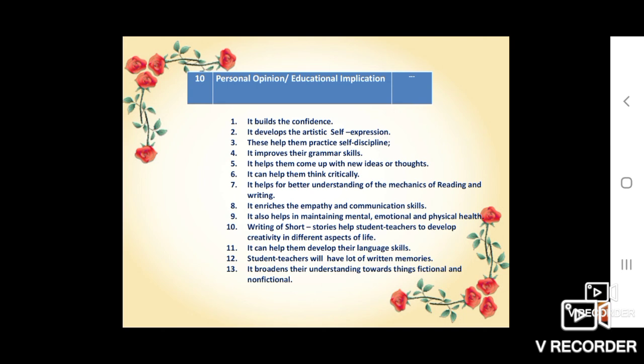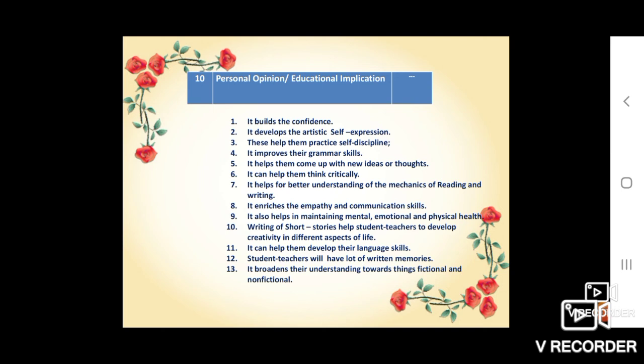Then after writing this particular short story, there is the last point, your personal opinion, or we may say educational implication. Why should a student teacher or any teacher write a short story? What are the benefits of writing such a story?